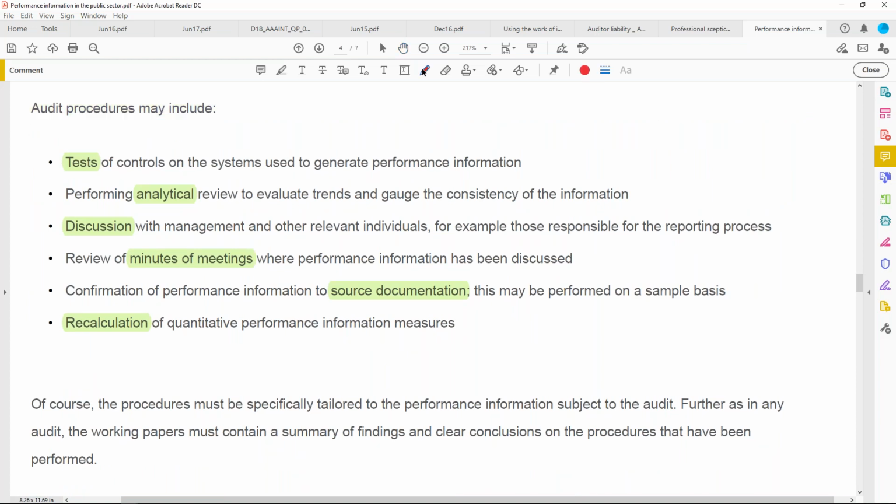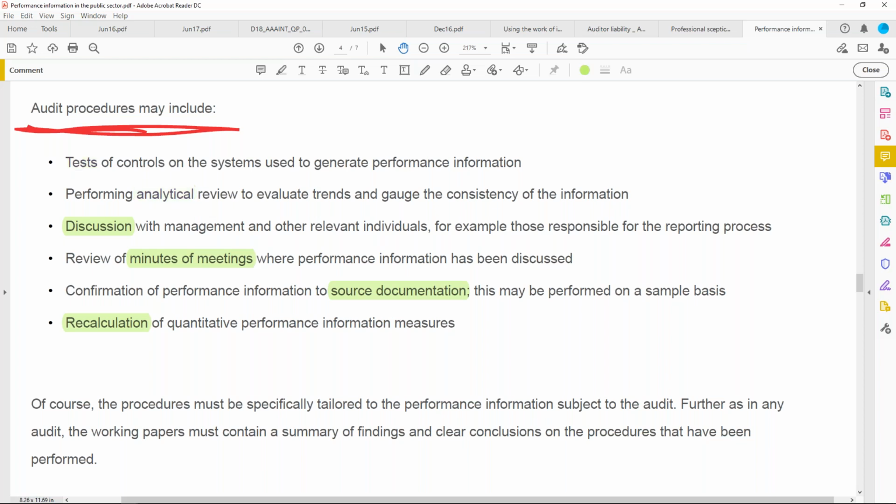Can you see here the examiner has given the audit procedures may include, right? So can you see the examiner has given a long list of procedures to us that can be performed to verify the credibility of the performance information? Can that be helpful to you in the exam paper?